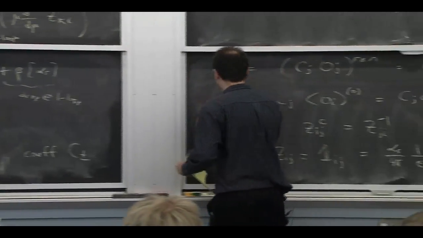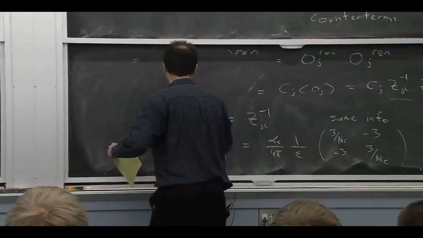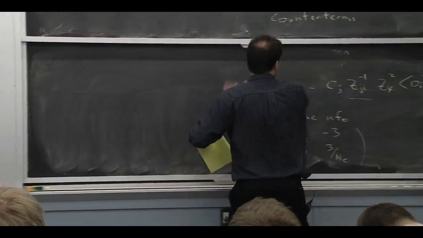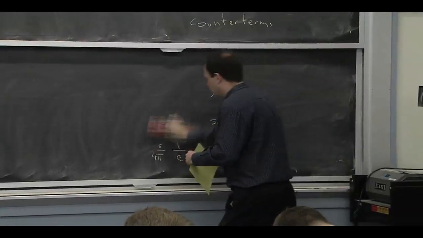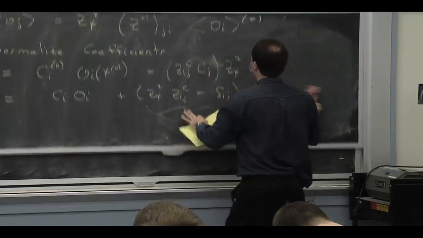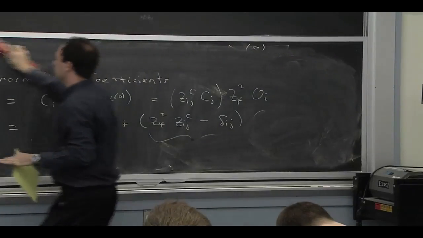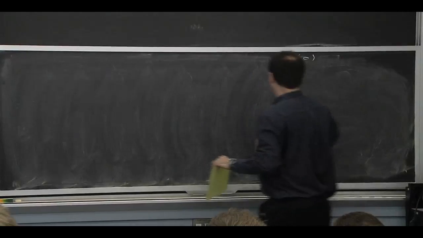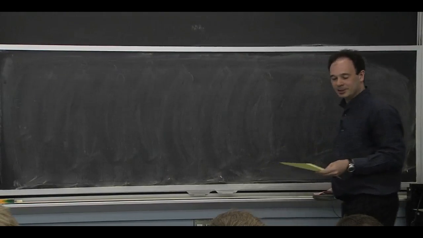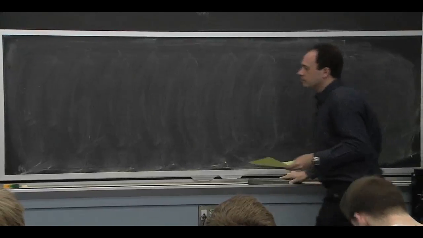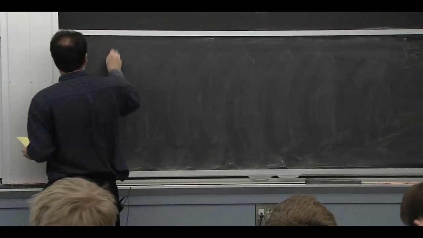And when you write down anomalous dimension equations for these guys, there's no mixing anymore at one loop. In general, if you do this diagonalization, this is a procedure that you have to carry out again when you get to two loops. It's not like the basis that you pick at one loop will be fine for two loops. We're not so lucky. But at one loop, this is a perfectly valid basis.